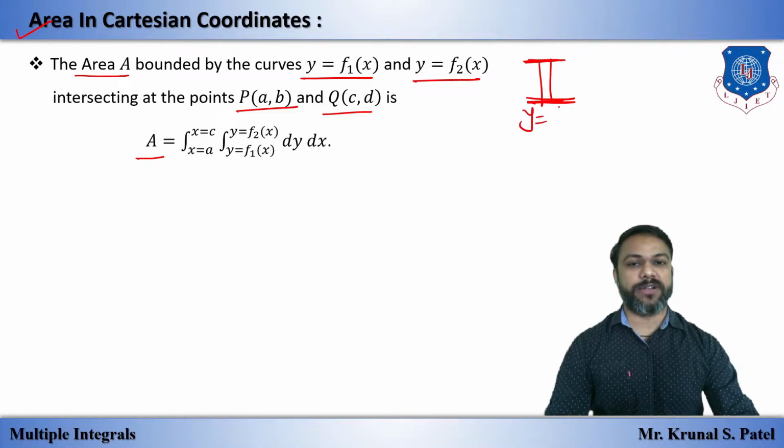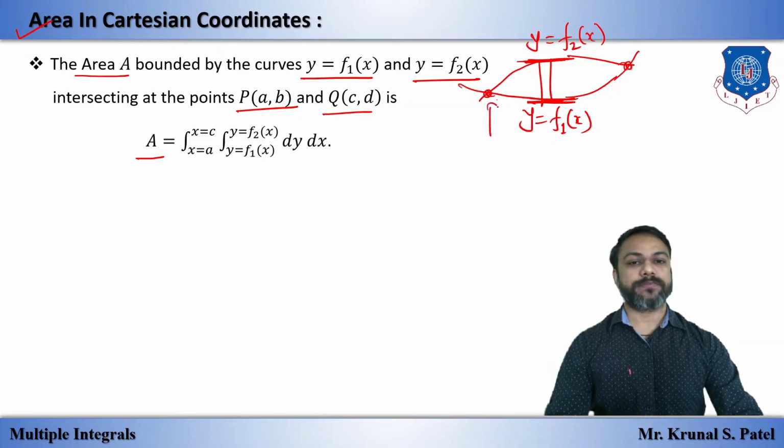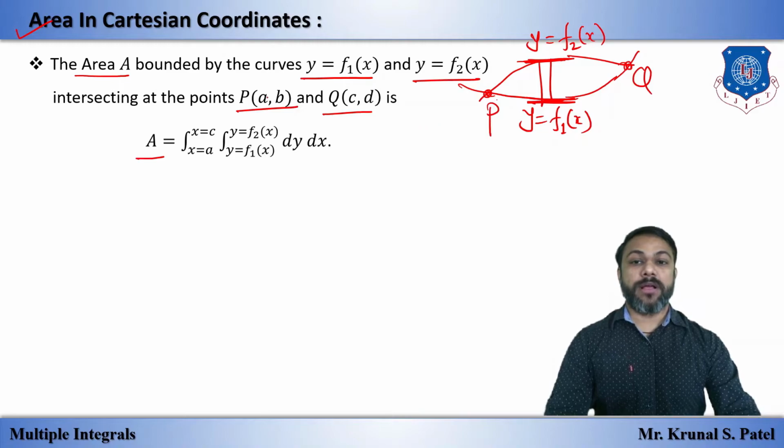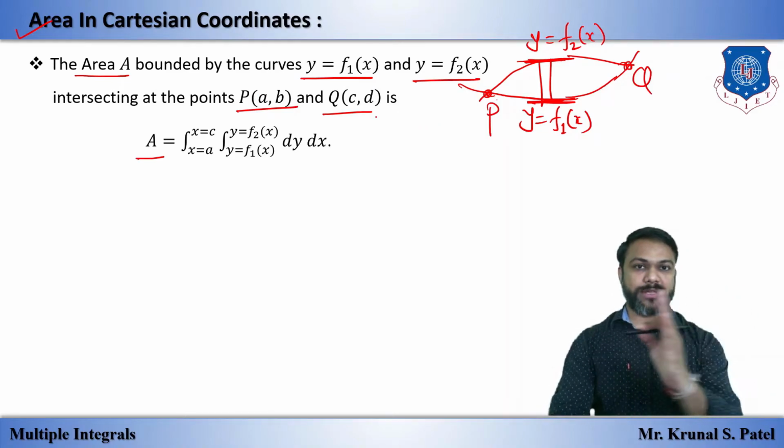So y is equal to f1 of x, y is equal to f2 of x. Both curves intersect at some points P and Q. So we have a vertical strip, then the strip moves along the x-axis.